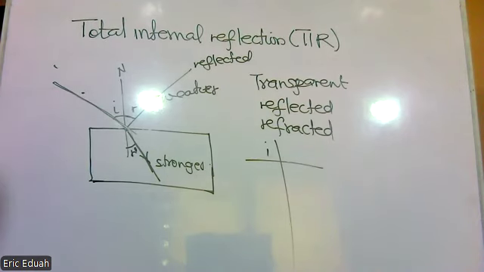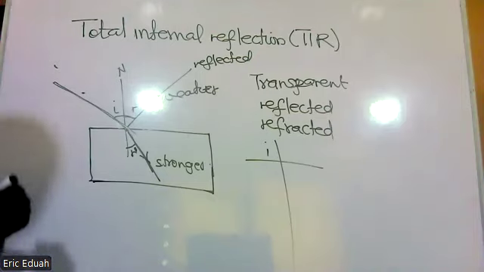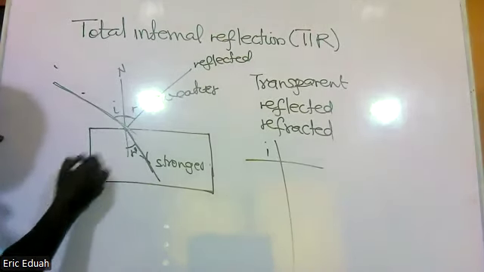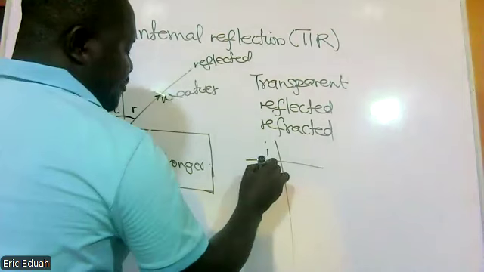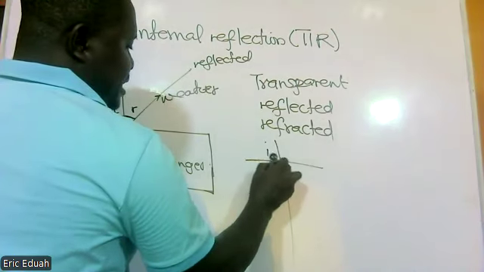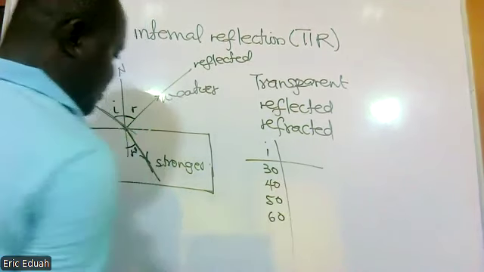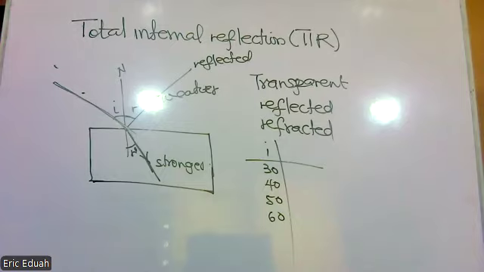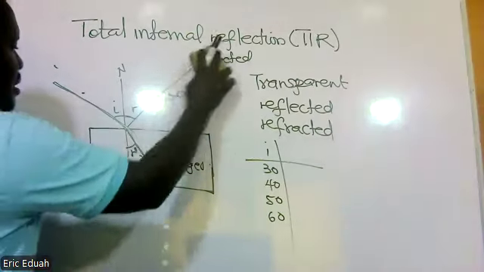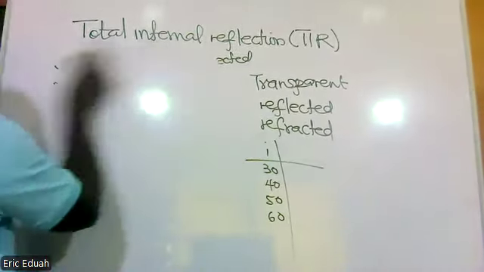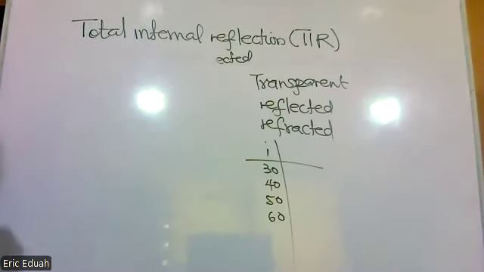Now, as we vary the angle of incidence, you realize that whilst we increase I, maybe starting from 30, 40, 50, 60, you realize that, let me create another diagram to explain it.